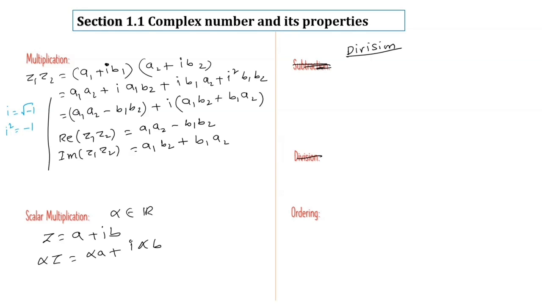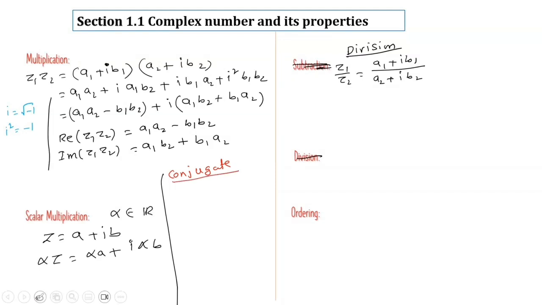Next, we are going to discuss the division of two complex numbers. So that means z1 divided by z2, which is equal a1 plus iota b1 over a2 plus iota b2. Now to do the division, we need to discuss another concept of the complex number system, which is known as the conjugate. We will give a detailed example later, but just the idea we will introduce here.